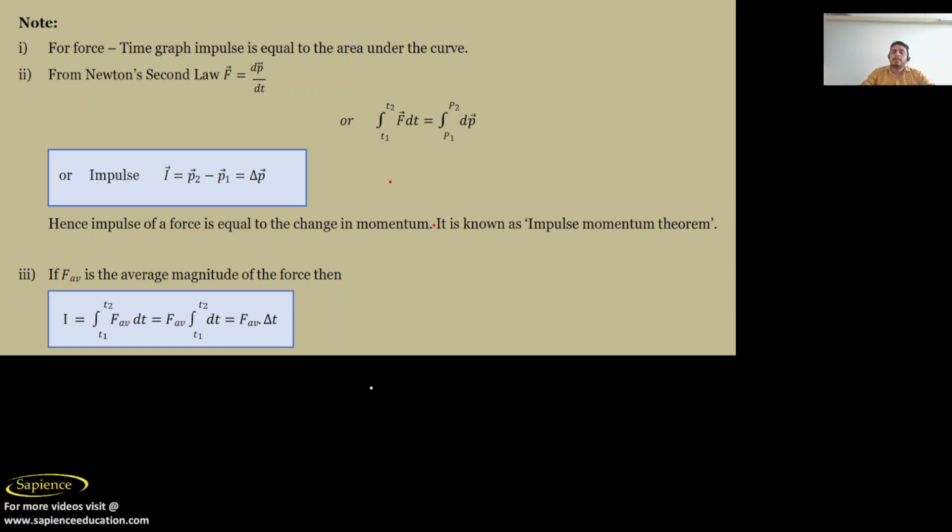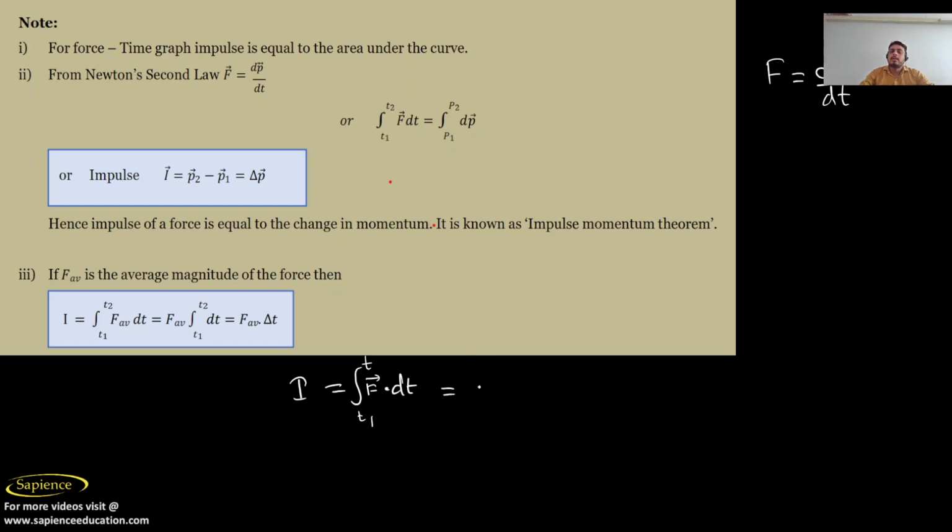See, I will show you some derivation. Impulse I is equal to, as I have already discussed, the integral of F dt from T1 to T2. Now we know that F is the rate of change of momentum, that is dp by dt.